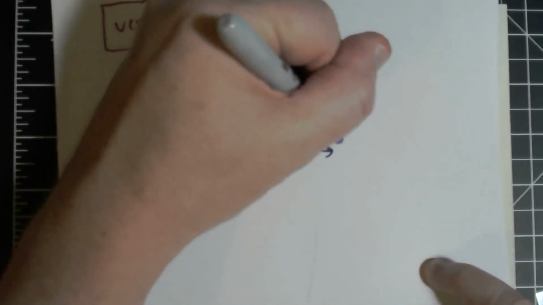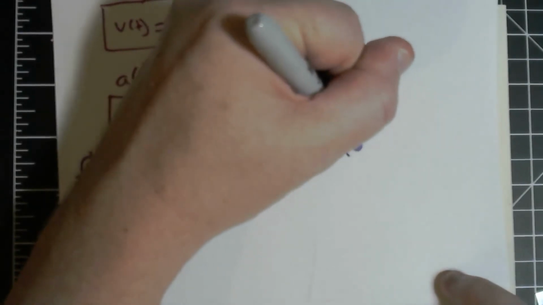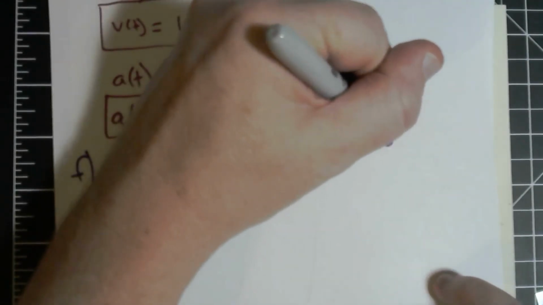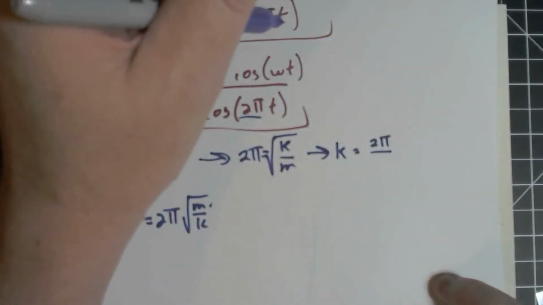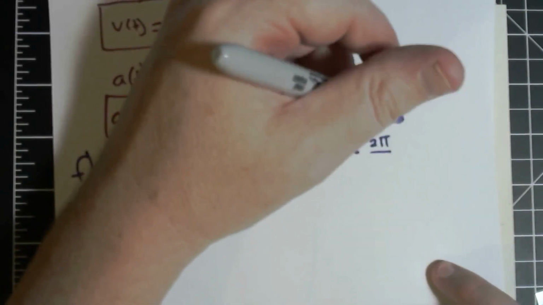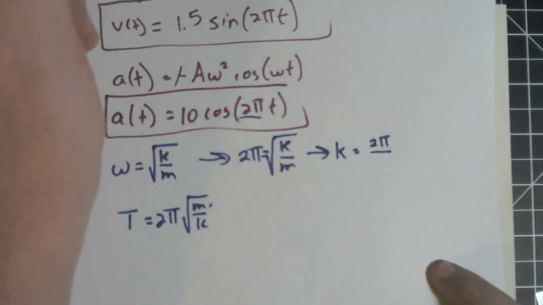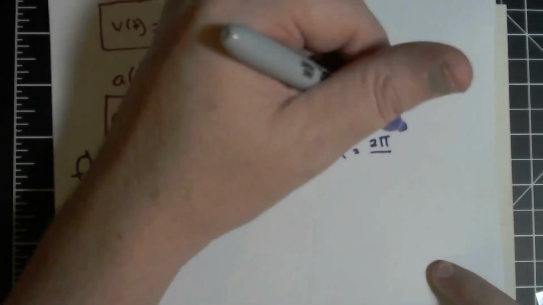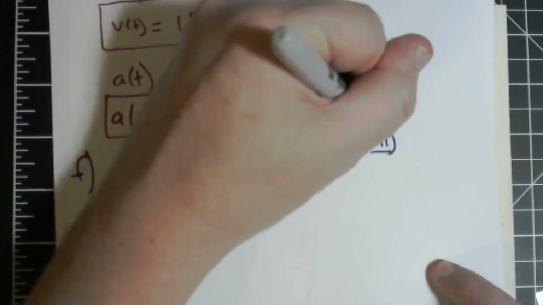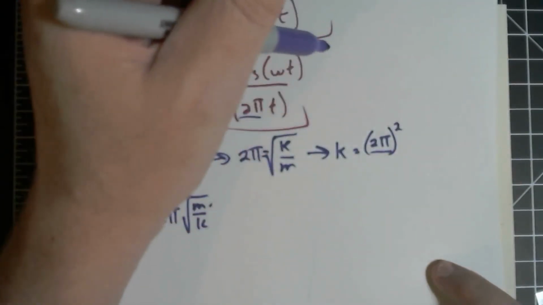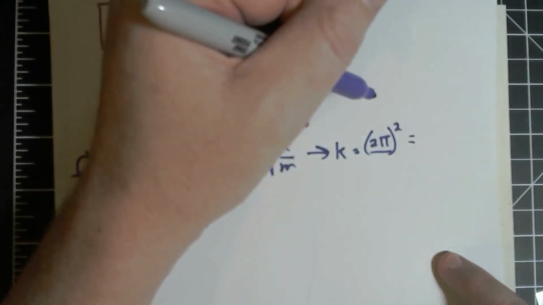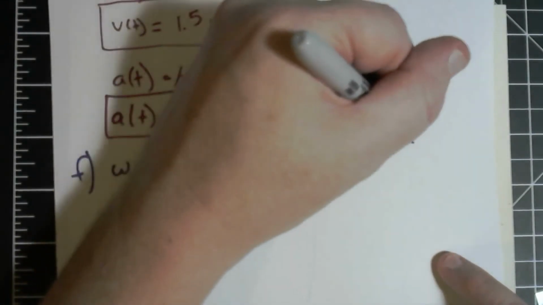So when I solve for k, I get 2 pi squared times the mass.